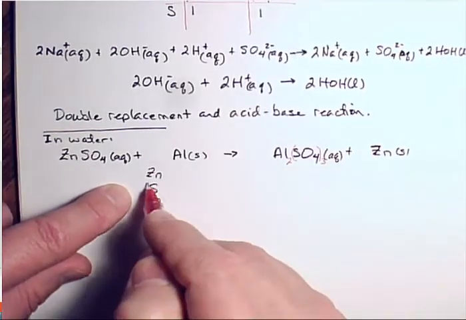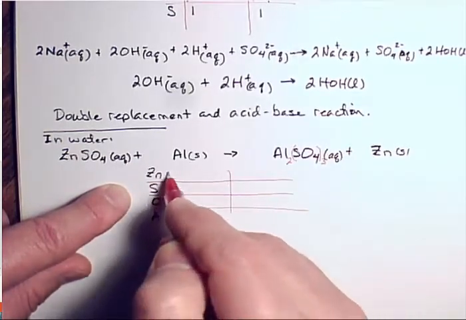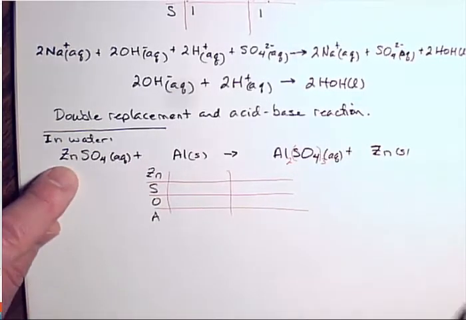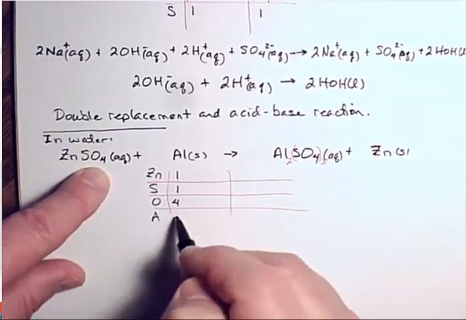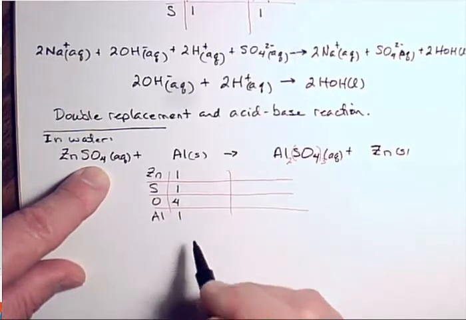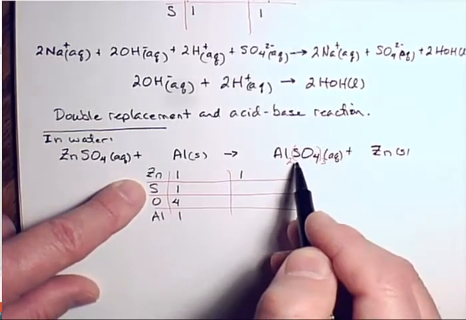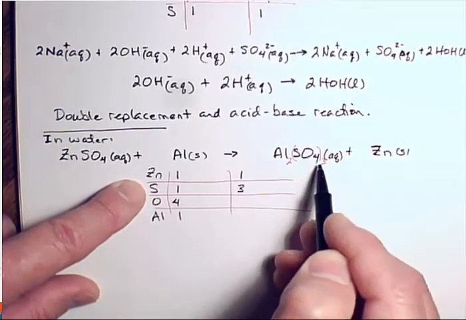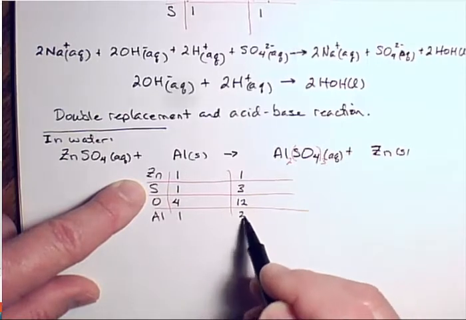We're going to make a little mini spreadsheet here to keep up with our count for the atom inventory. Over here we've got 1 zinc, 1 sulfur, 4 oxygens, and 1 aluminum. Over on the other side, we've got 1 zinc, 3 sulfurs, 4 times 3, or 12 oxygens, and 2 aluminums.